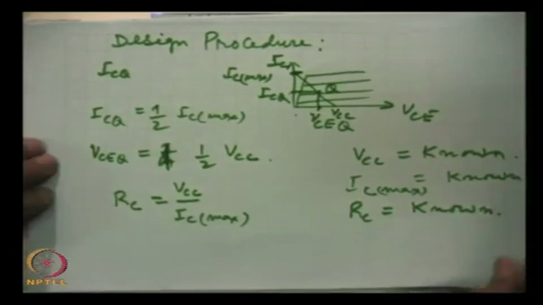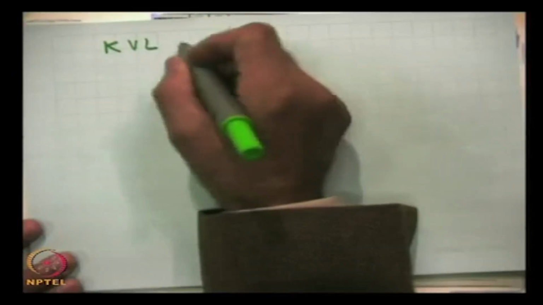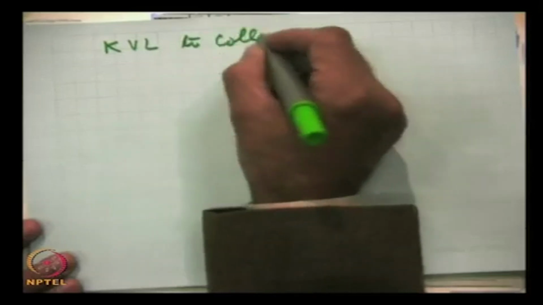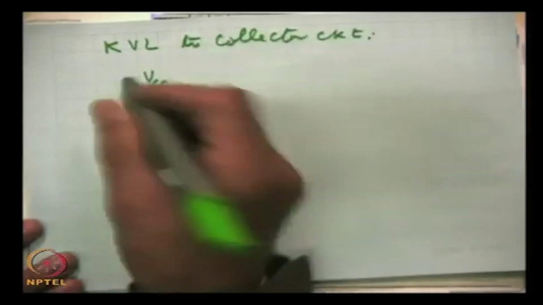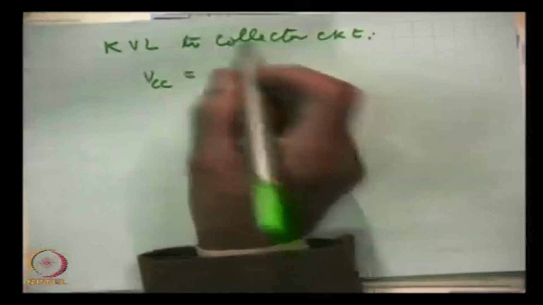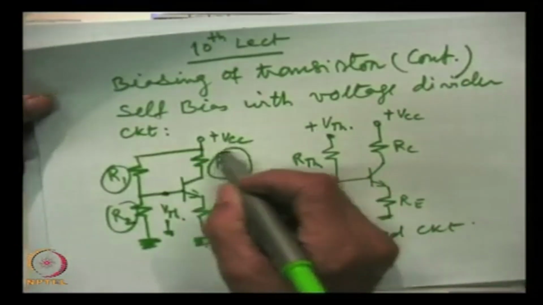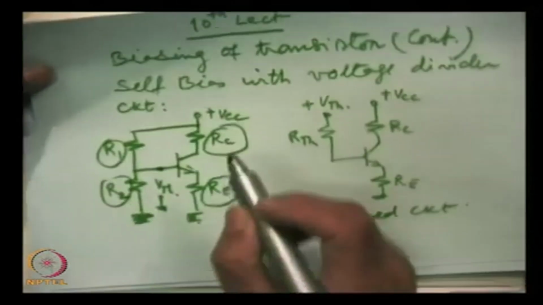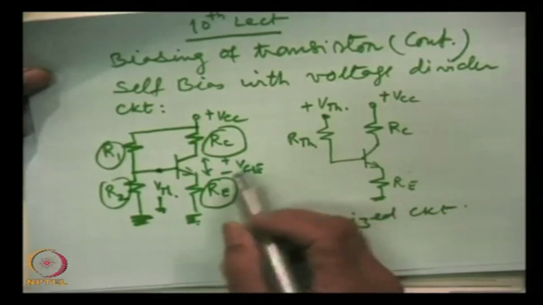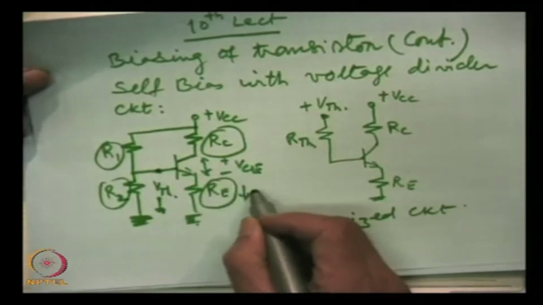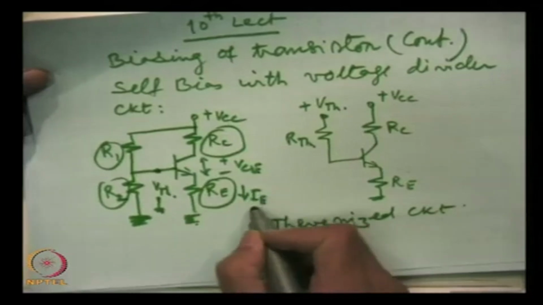And we remember that if we use Kirchhoff's voltage law, we apply this to the collector circuit, then we get this equation: summation of voltages, VCC, here IC is flowing. So, there is a voltage drop here, this is VCE, and this is RE through which current IE is flowing, and IE and IC are the same.